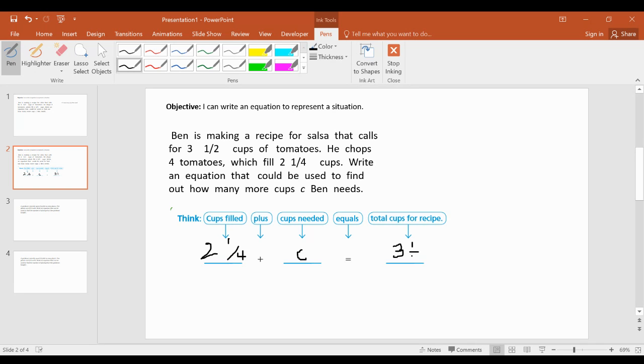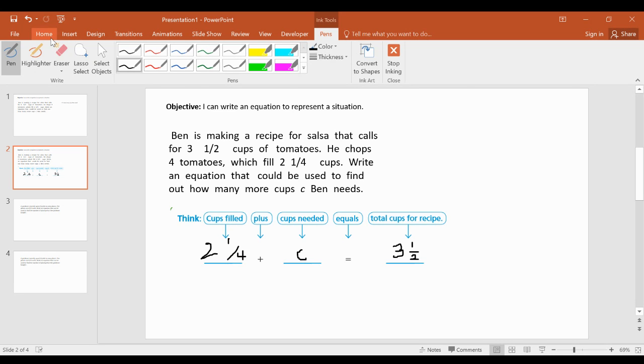Let's take a second and see if this will make sense. So in order to solve for how many cups Ben would need, he's going to take what he has plus some unknown amount, and he's going to total them up together, and he's going to get the total amount he needs for his recipe. Yeah, that makes a lot of sense. Here we go.